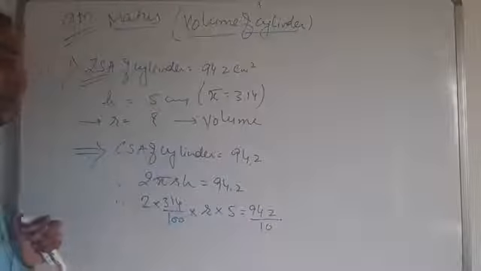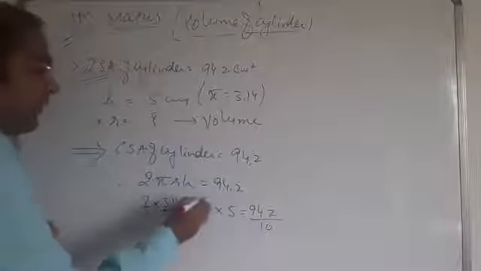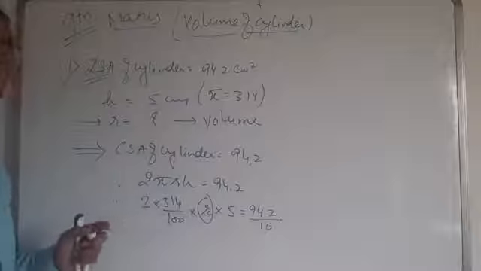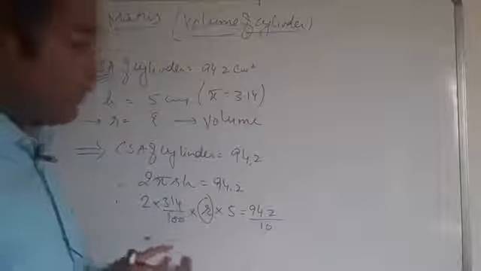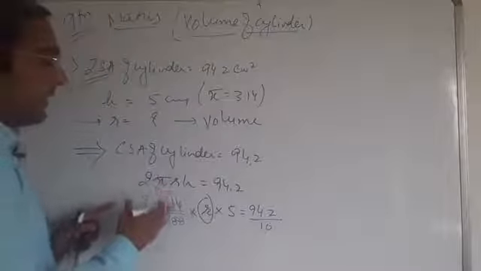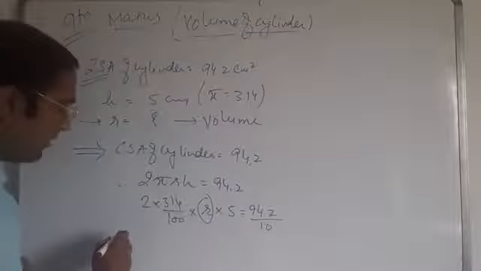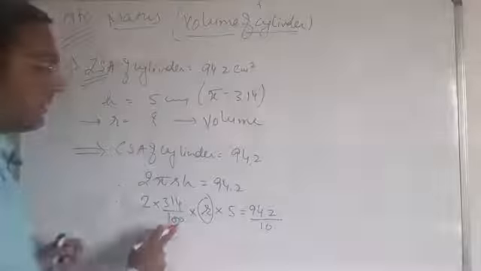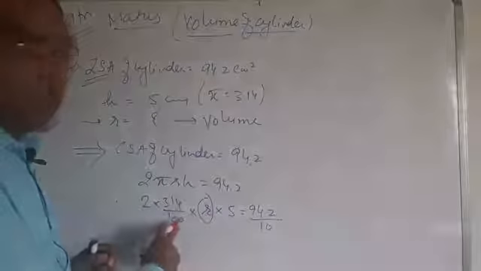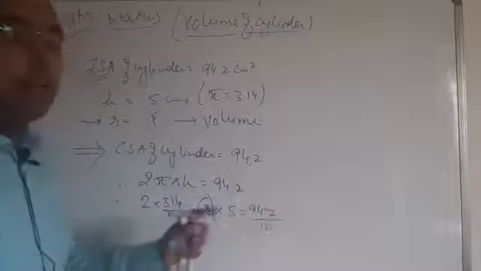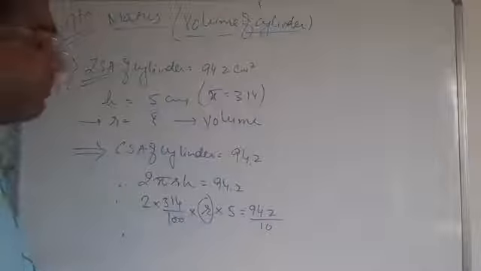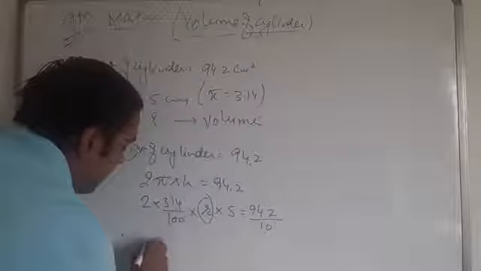Now I have to find the radius of the cylinder. For that we move the remaining numbers to the second side. 100 is in division, so I shift it to the second side and multiply with 942.